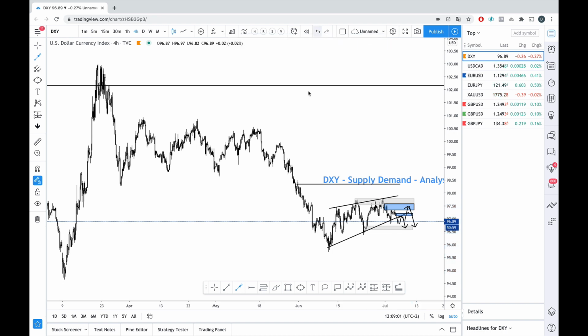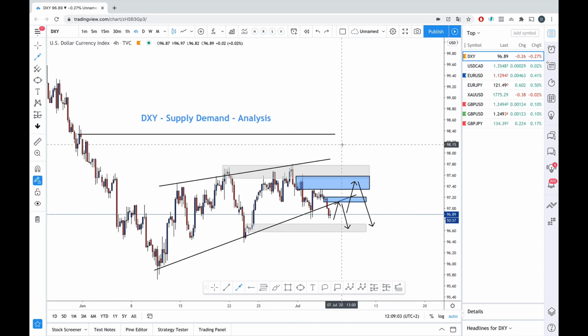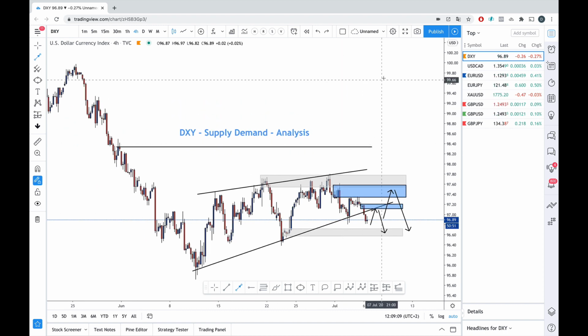Why I'm even analyzing the DXY is because I'm using the DXY for correlation, simply as that. For example, if DXY is going to drop, then USDCAD is also going to go down and EURUSD will go up.